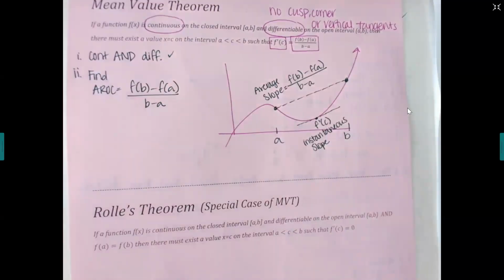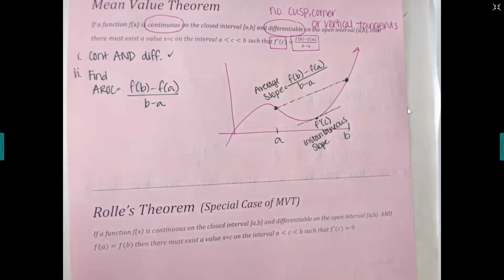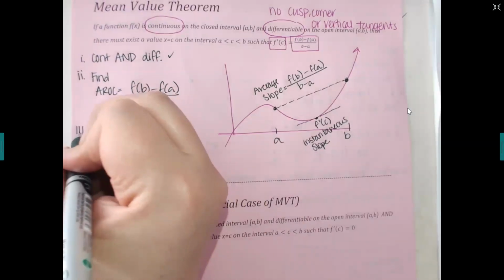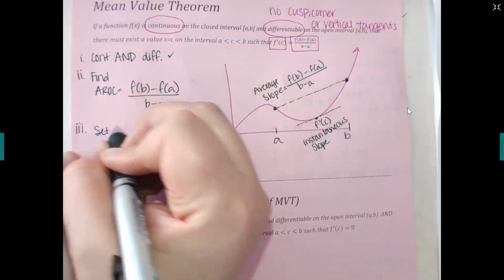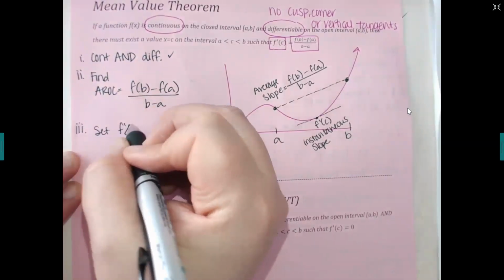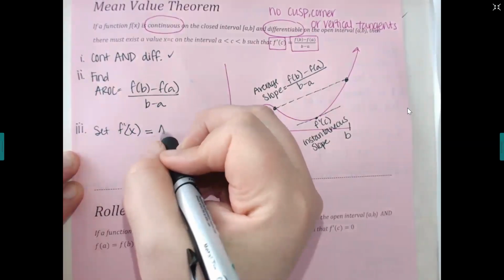This is literally the slope formula. That's y2 minus y1 over x2 minus x1. Then, whatever value this comes out to be, let's say it comes out to be 5, then you can promise me that the derivative needs to equal that number. So for step 3, you're going to set f prime of x equal to whatever that number is.